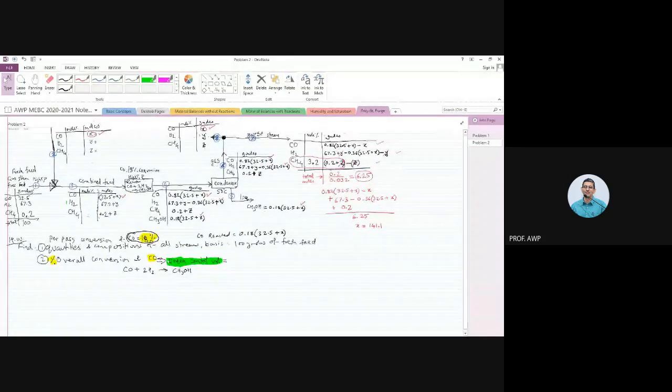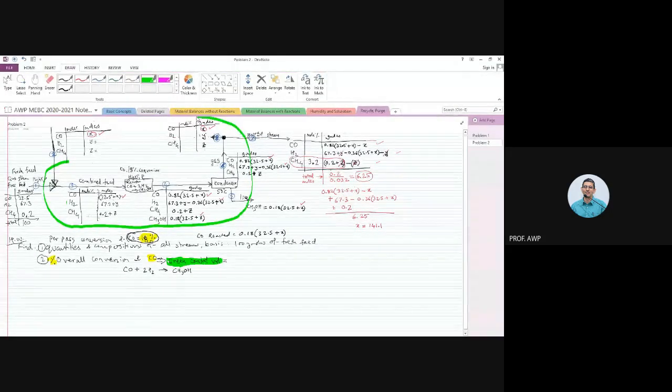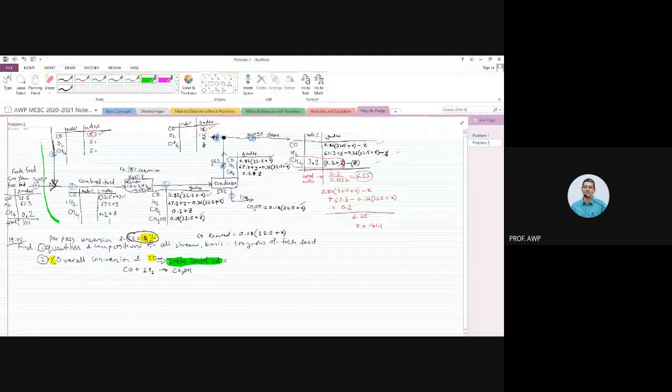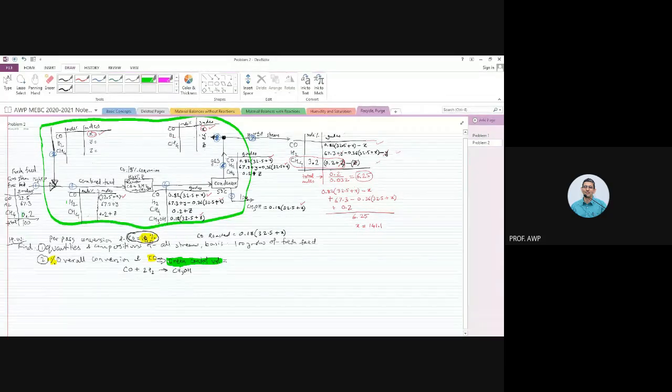One more thing, if you want to check: if you take this green control volume as the whole plant, 0.2 gram moles of methane are coming in.